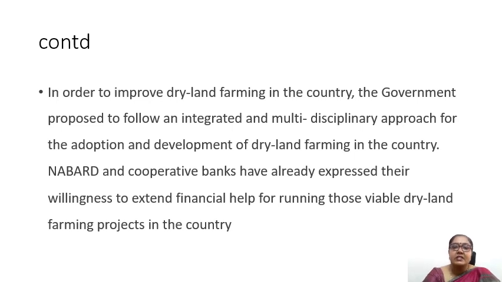As we discussed, dryland farming could be done in small plots of land, by these poor farmers who don't have huge acres of land. So they are all poor small farmers. What they can do is ask for financial help from NABARD and many cooperative banks, so they can take a loan or a credit from these banks, which are very much ready to help them.